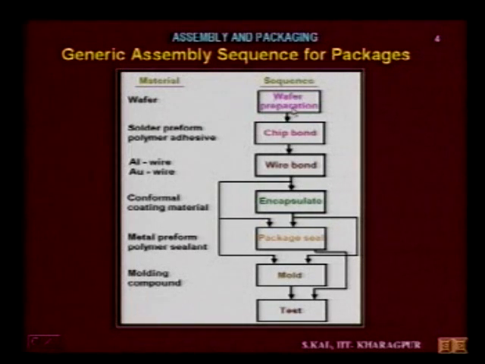So you can see the first step of this sequence is wafer preparation. This wafer preparation means I am talking of a finished wafer. That means once the chip has been fabricated and the passivation layer has been put, then the complete wafer comes to the assembly and packaging area of the fab.